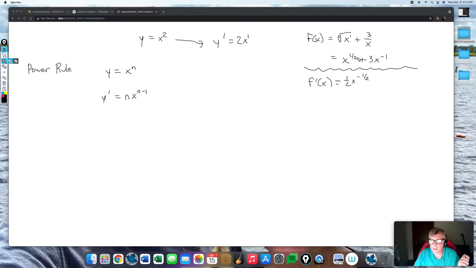How did I get that? I moved this down in front, and then I subtracted 1 from the exponent. I'll do the same on the next part: move the negative 1 out in front, multiply it by 3, so that's plus negative 3, and then reduce the exponent by 1.